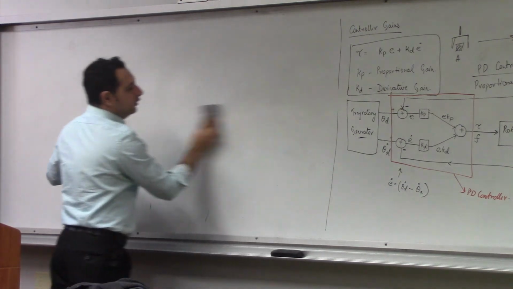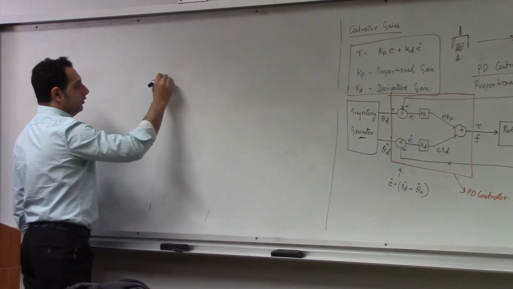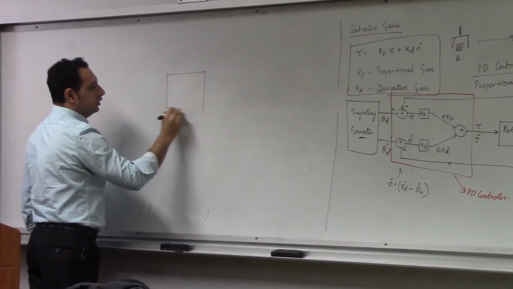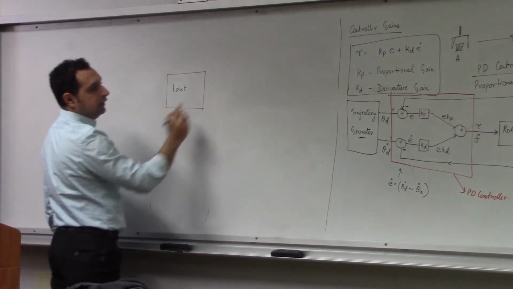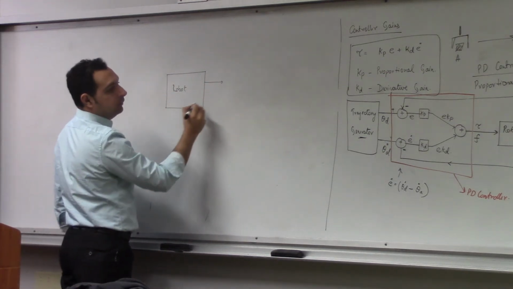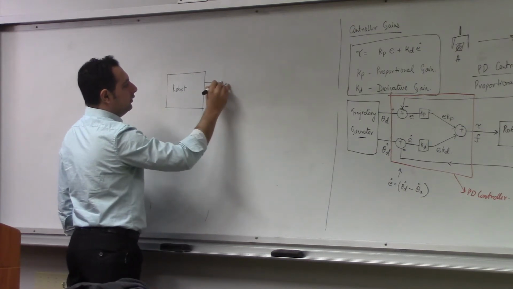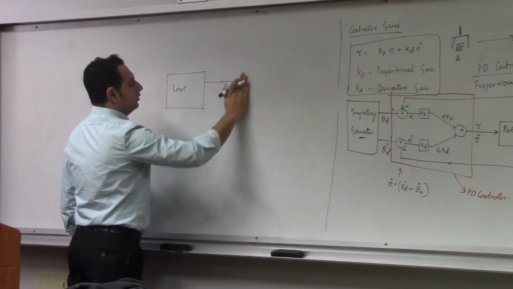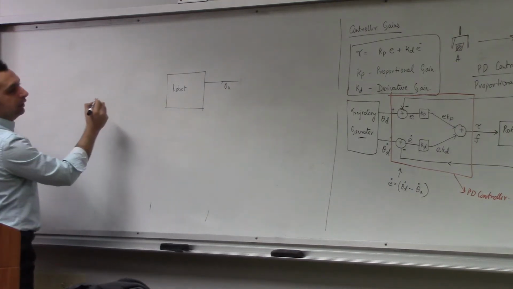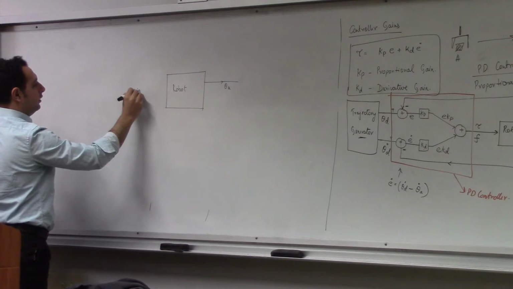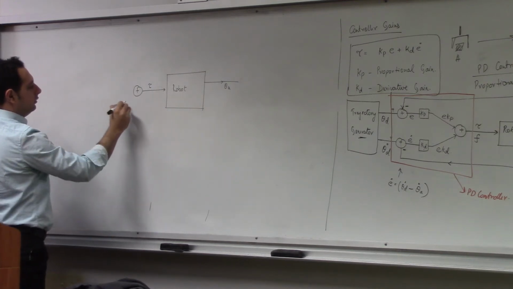Let me do this part, and you'll tell me what I should do for the velocity. Let's say I have theta A over here, and let's draw the same thing here, plus tau.